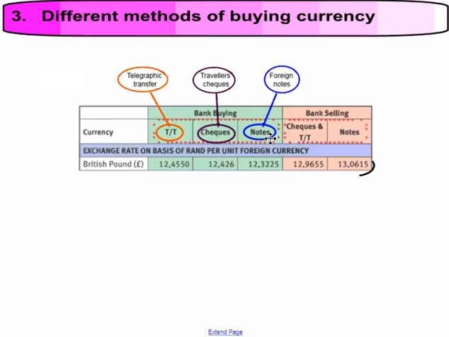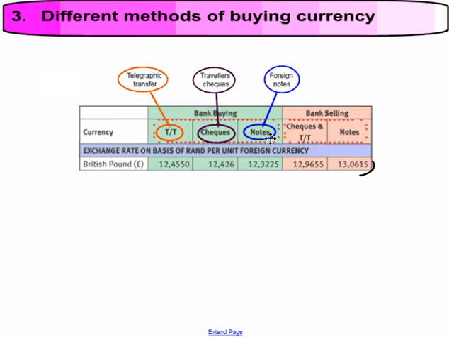So that's why I go and get notes. What you can do is get a traveler's card where they load money onto your card, in various currencies, so wherever you are, you can use that. Bidvest also have that. Before, we used to get traveler's checks, but not anymore. Telegraphic transfer, I'm sure, is just like an EFT.